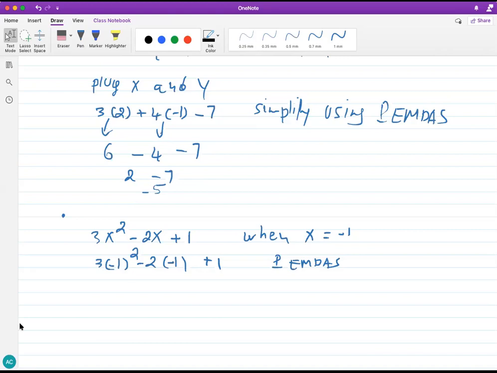Parentheses, so we would do the -1 multiplied by the 2 first. When we mean parentheses, we mean something inside of the parentheses. So here, we only have one number, so there's nothing to simplify inside the parentheses.